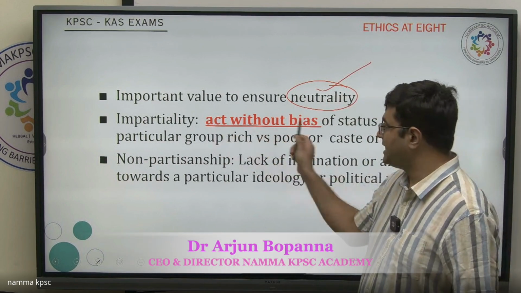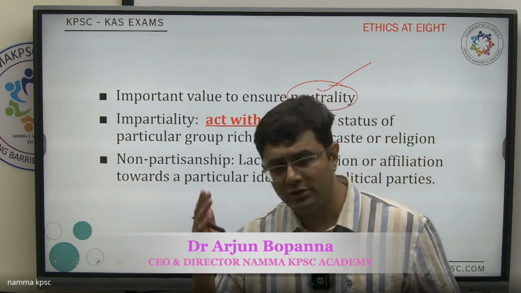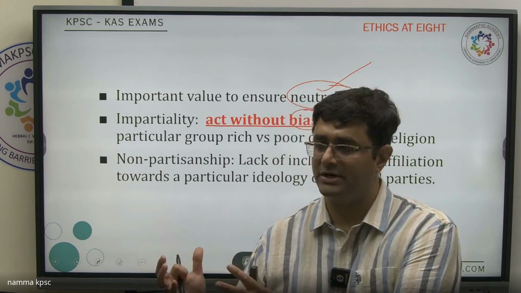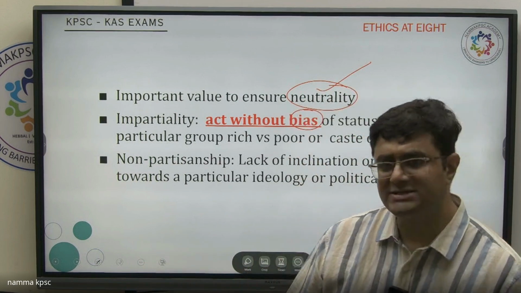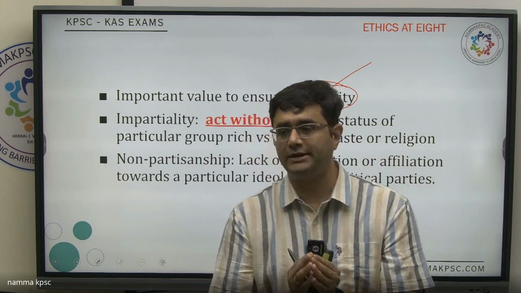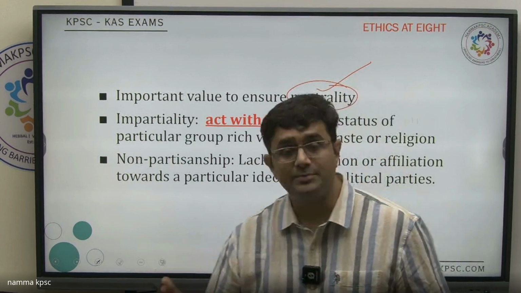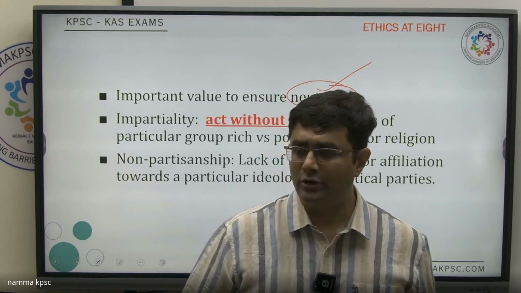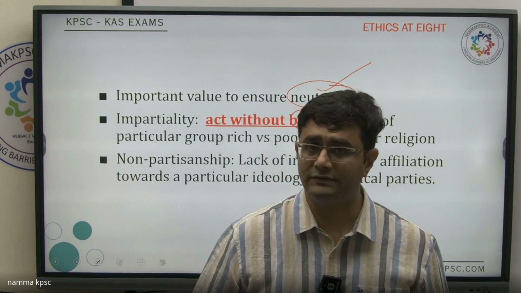What is impartiality? Act without bias. You're not partial, you're not biased, you don't support one particular individual or group over the other. So all your decisions are going to be very objective. They are going to be based on ethical principles, on the rule of the land, and on the right conduct mentioned in the service code of conduct.